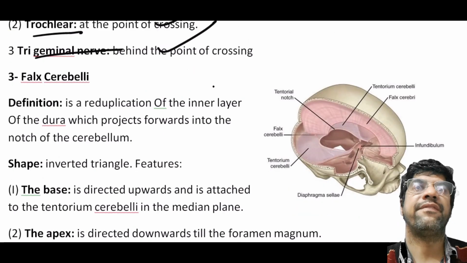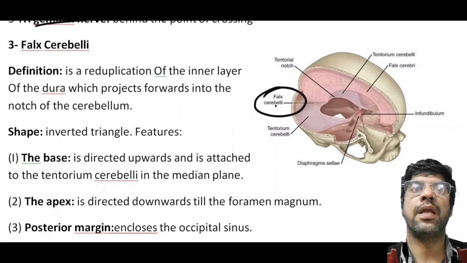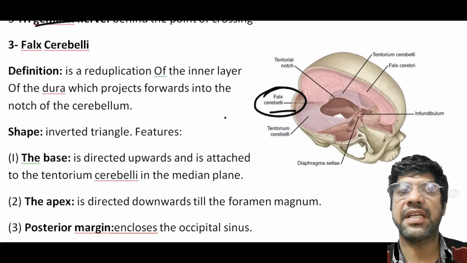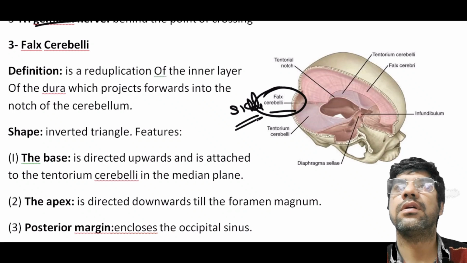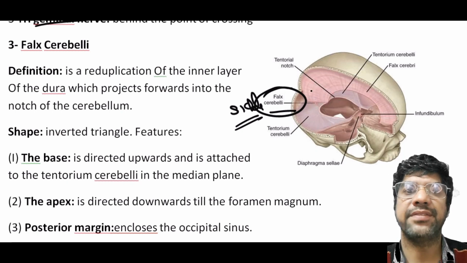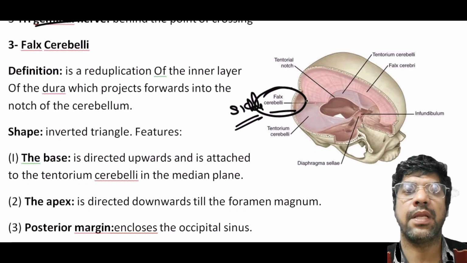The third is the falx cerebelli. Remember, it is a sickle-shaped portion of the dura mater. It points forward into the space known as the posterior cerebellar notch. The base of the sickle is attached to the back part of the lower part of the tentorium cerebelli.